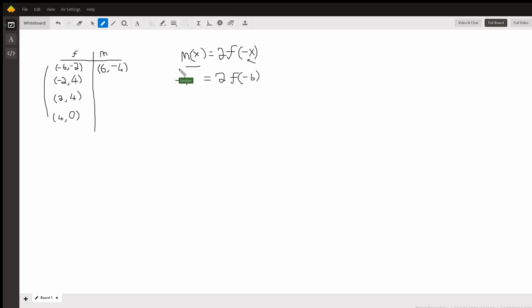Moving on, we do the same thing for the second value on the f table, which we use a 2 for. So we just plug in a 2, and then we get f of 2 times 2.